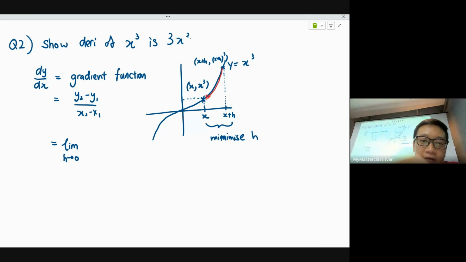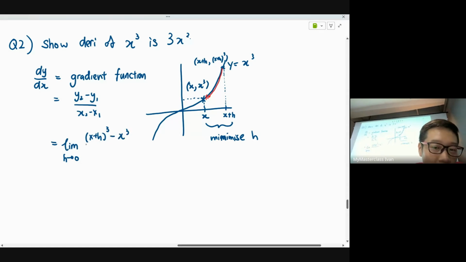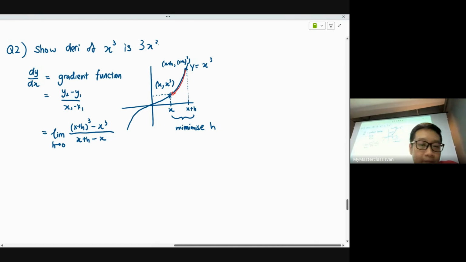Okay, use this y2 minus y1. So this will be x plus h cubed minus x cubed over x plus h minus x. Okay, still keep the limit as h approaches 0.